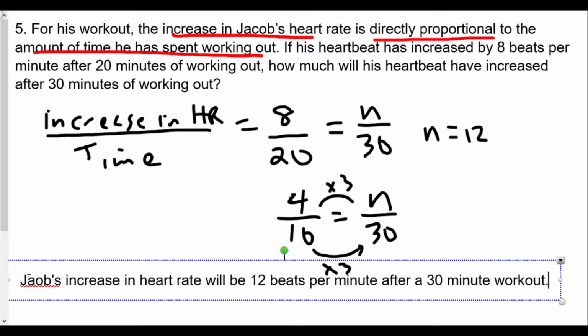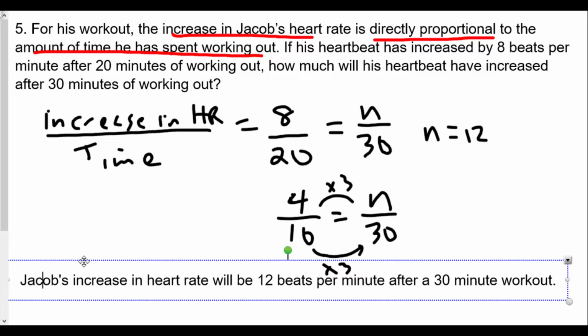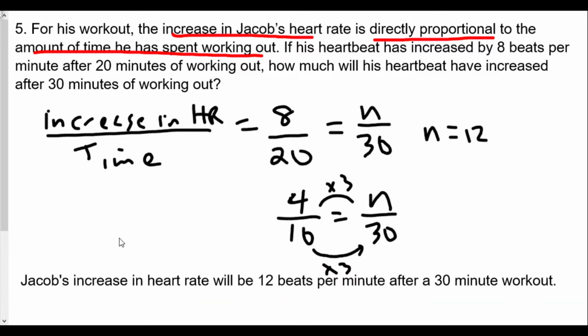Okay, now a lot of times, oops, Jacob, not Jacobs, sorry, typing needs to work. So again, a lot of times we're not just going to find a numerical value, we have to interpret what the value means. So this n of 12 really means an increase of 12 beats per minute, okay? So after a 30-minute workout. Okay, so after working out for 30 minutes. Let's just say after working out for 30 minutes.